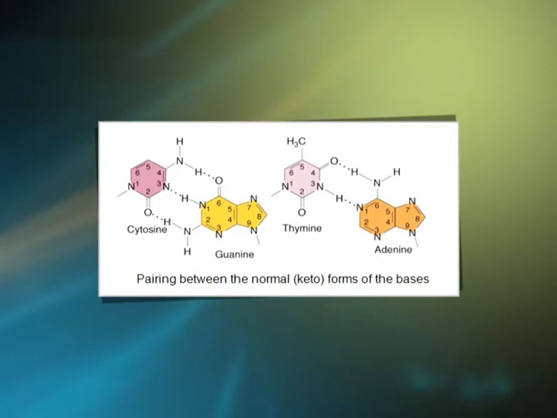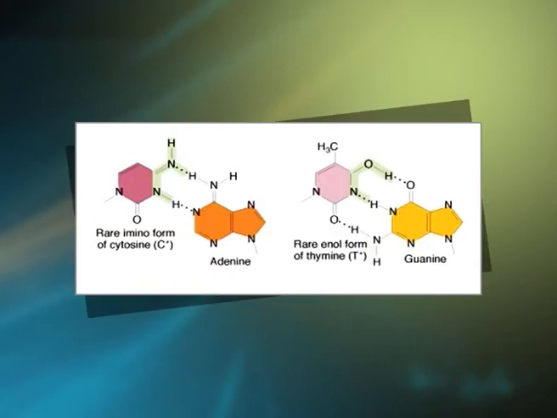Here in this figure, you can see the pairing between the normal keto forms of the bases. In this next figure, you can see the mispairs resulting from rare tautomeric forms of the pyrimidines.